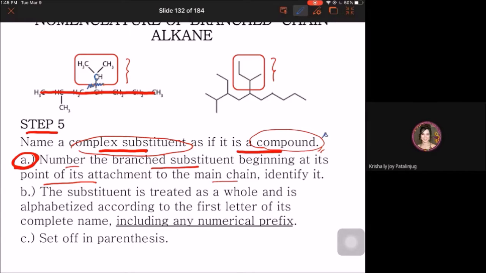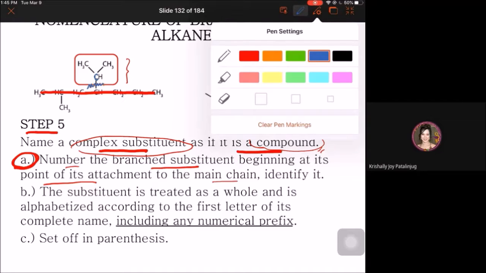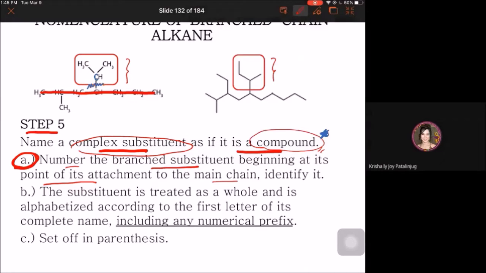So, going back to the basic steps in naming a compound, you begin numbering at the carbon where the point of attachment starts. So, this would be carbon 1, and you proceed until you find the longest chain for that alkyl group. Again, longest continuous chain. So it is either 1, 2.